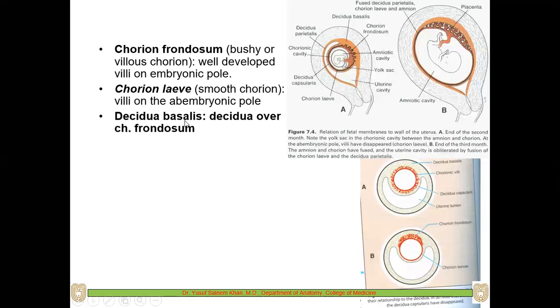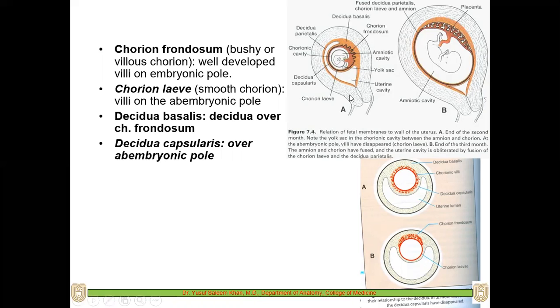The decidua basalis is the part of the decidua near the chorion frondosum. Once again, I repeat, decidua is nothing but the endometrium. Where the fetus is attached and where the chorion frondosum is growing, that part of the decidua is called the decidua basalis.